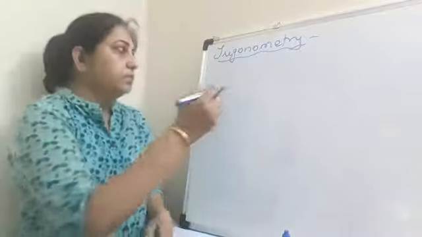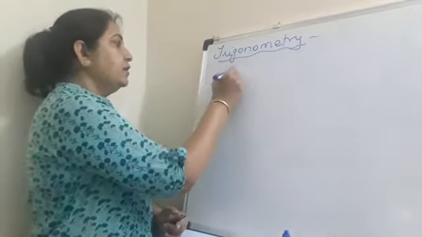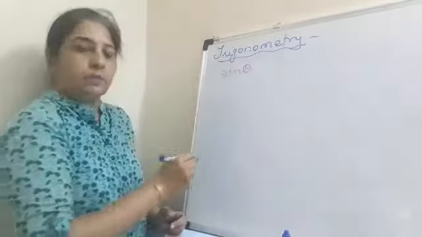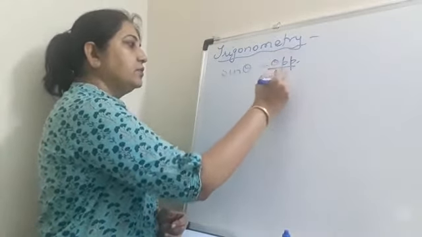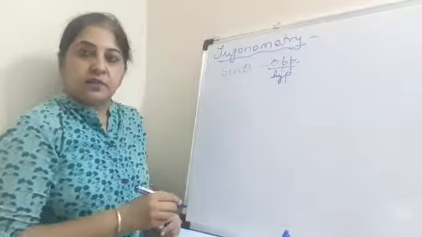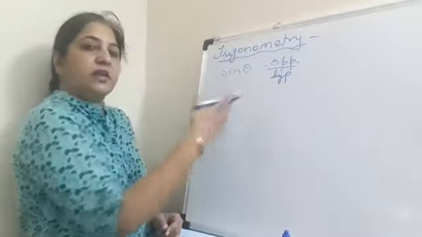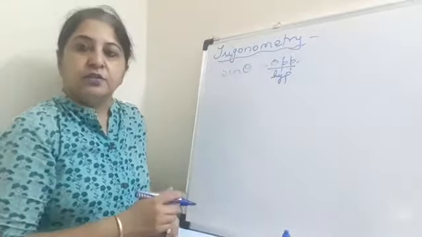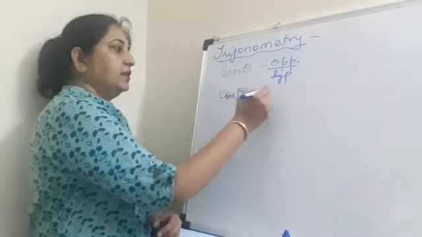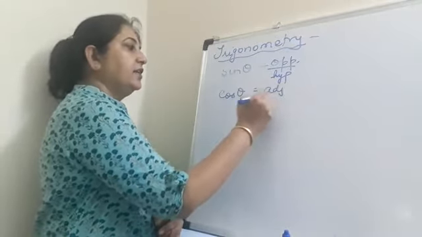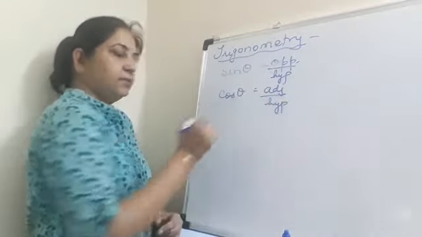Okay, so sine of the angle theta is given by opposite upon hypotenuse. I hope you have learnt this, because if you have learnt this it will be easy for you to understand the questions which I am going to do now. Cos of the angle theta is given by adjacent side upon the hypotenuse side.